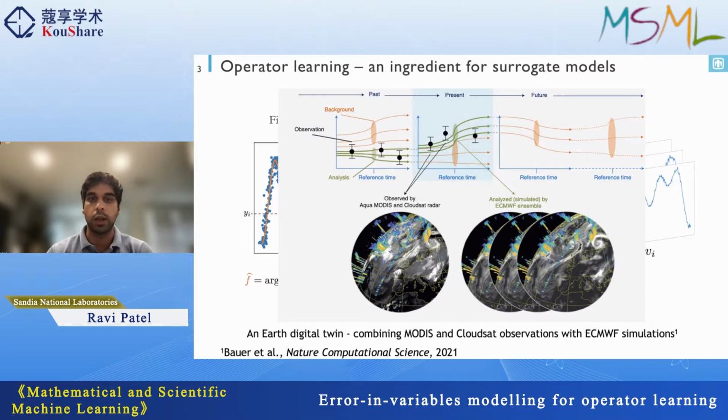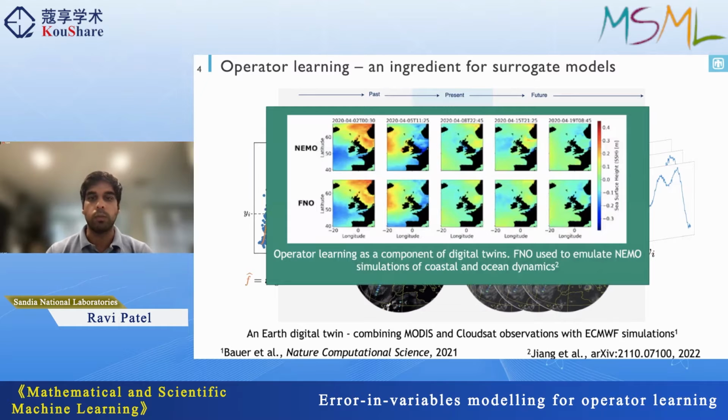So it's necessary to surrogate many of the Earth systems. And this has been done already for coastal and ocean dynamics. So this Fourier neural operator shown on the bottom has been shown to emulate high fidelity simulations of these coastal and ocean dynamics coming from first principles.